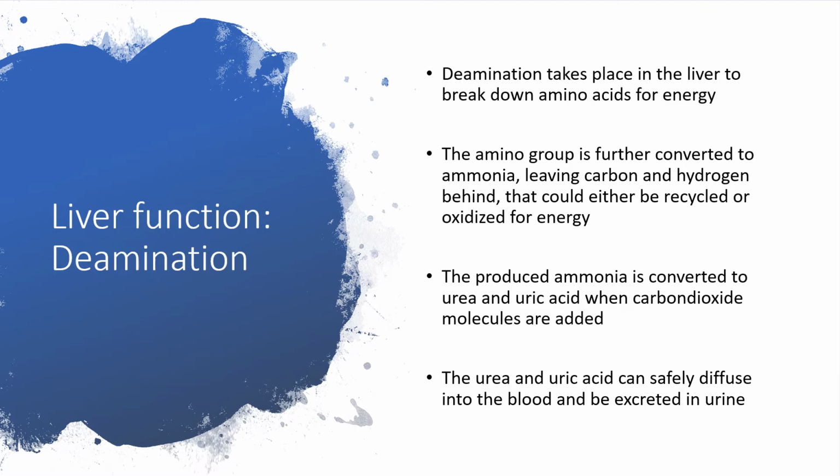That could either be recycled or oxidized for energy. The produced ammonia is converted to urea and uric acid when carbon dioxide molecules are added. The urea and uric acid can safely diffuse into the blood circulatory system and be excreted in the urine.